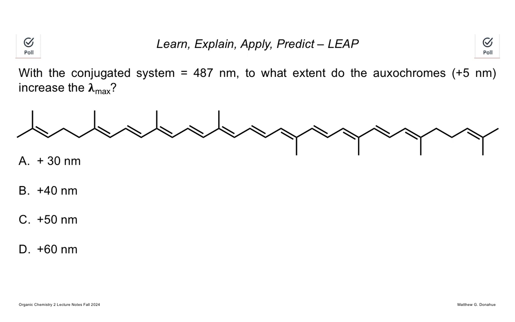How many oxychromes do you count just based on the conjugated part of the molecule? So the initial 6 are pretty obvious, right?